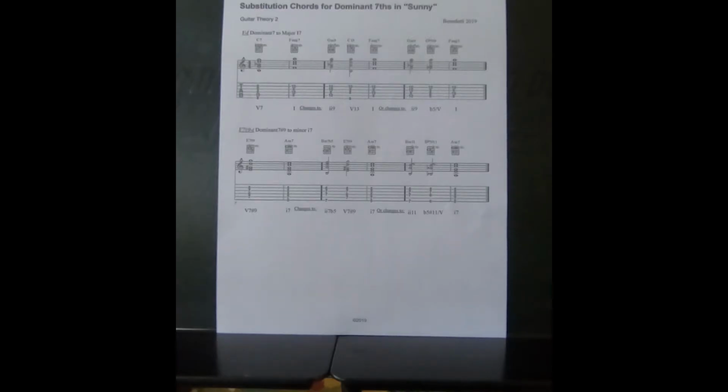Then the other one was when I was talking about a flat 5 substitute, also known as a tritone substitute, because both of those refer to a diminished 5th or an augmented 4th, both being the same. Usually we call it a flat 5 substitute.